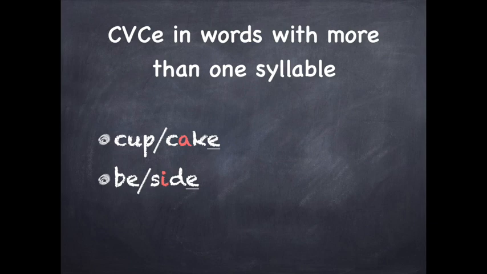We split it right in the middle. That's actually also a compound word, isn't it? We were just learning about compound words. So in cupcake, I know that the second portion of the word, or the second syllable, has that bossy E. So if I wasn't sure how to read that, I can break it up into the syllables, and I know that that bossy E rule is still there. It still matters, right? Or in beside, I still use that bossy E rule for that I, even though it's a 2-syllable word.